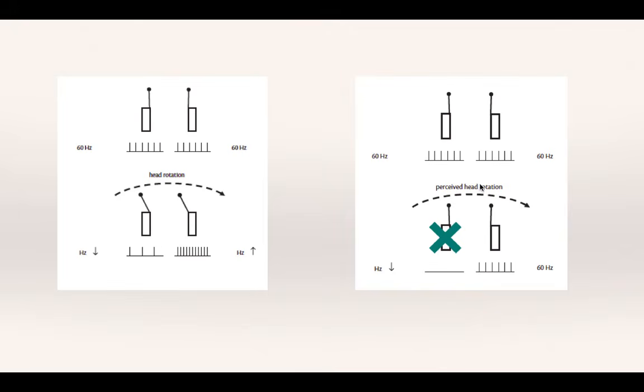Perceived head rotation is because of intact activity here, absent activity here, still causing a difference. So difference means there is a head rotation. Here the difference is caused by a real head rotation. Here there is a difference, therefore there is a perception of head rotation. Perception of rotation in the absence of real rotation is what is called vertigo.